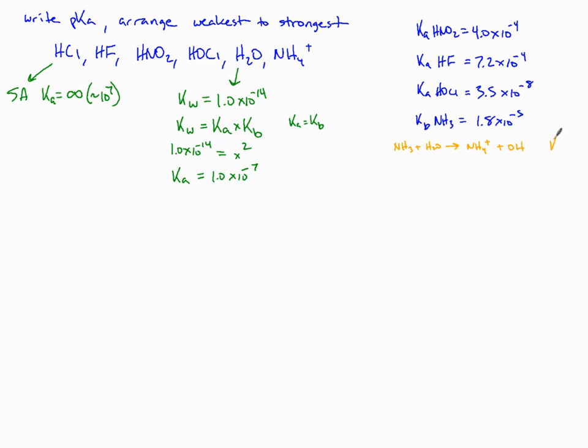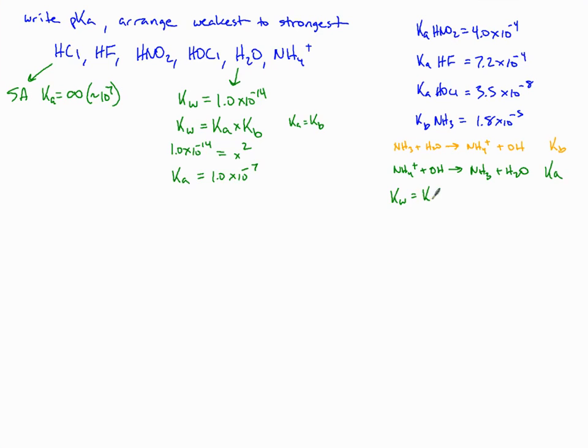And this gives you the Kb. If we flip this the other direction, NH4 plus plus hydroxide yields our NH3 in our water. Here it is acting as an acid. And we're going to use the same relationship that we had right here.